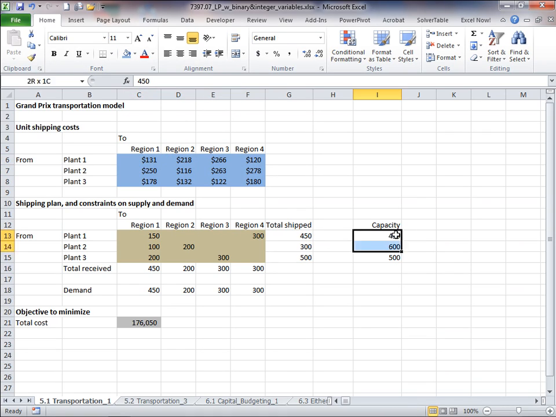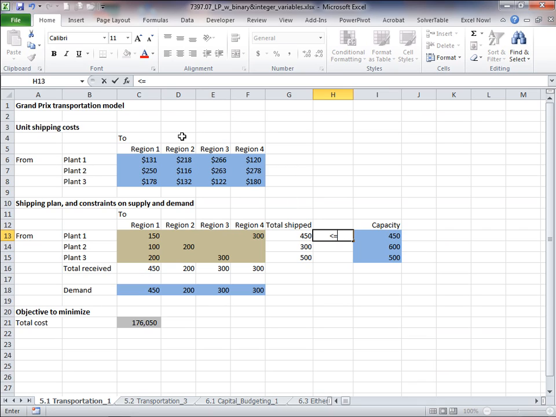And then I've also got some parameters here. And then what kind of constraints are they? Well, they're all on the capacity side, less than or equal to constraints, correct? What about the demand side? What kind of constraints are those? Which is it, less than or greater than? Greater than or equal to.